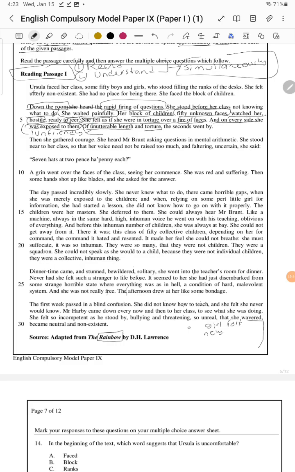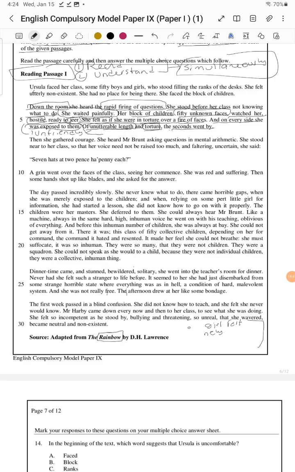It means that the limit has been crossed. Unutterable means over here the limit has been crossed and torture has been crossed. The seconds went by. So it means that time was passing in a very short time, like in seconds.